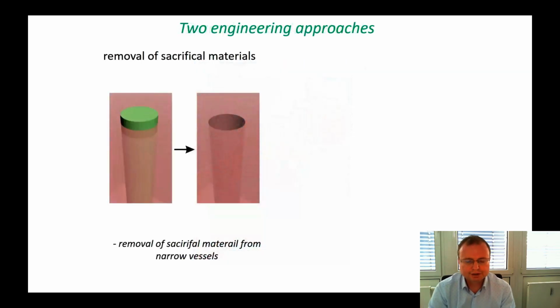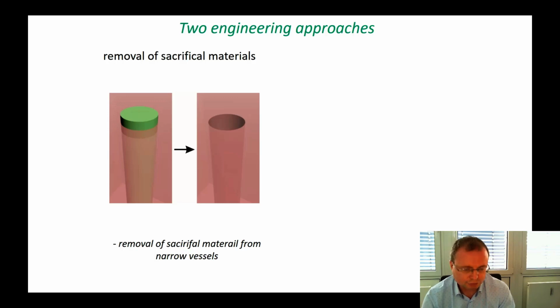If one uses 3D bioprinting, there are two options. Either one prints sacrificial material inside the matrix. So sacrificial material is the green one, matrix is the red one. One can make sacrificial material fluid and remove it by applying high pressure. This approach works nicely if the tube diameter is relatively large.